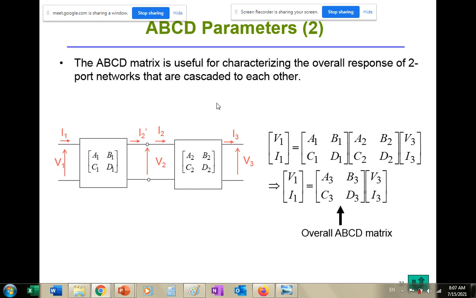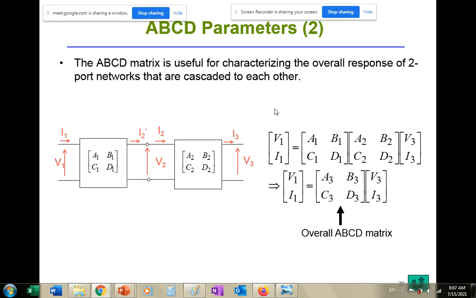You can even find the overall ABCD matrix when you connect many components in cascade. What you need to do is just multiply the ABCD matrix of the first device with the ABCD parameter of the second device, and so on. So this is very useful.